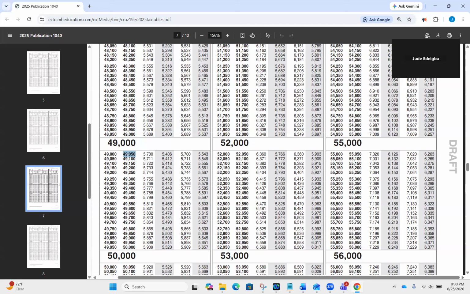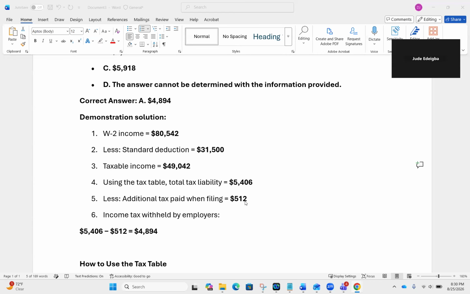So it does fall within this limit. We usually look at it as the stretch. So remember I said the tax liability will be $5,406. So if you look at the amount we have here, it's $5,406.